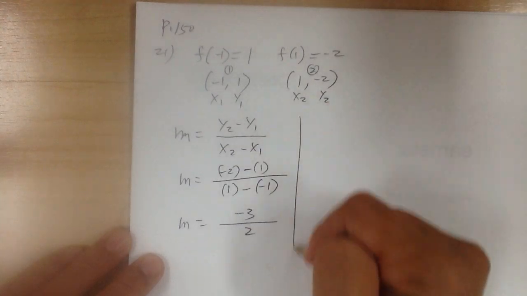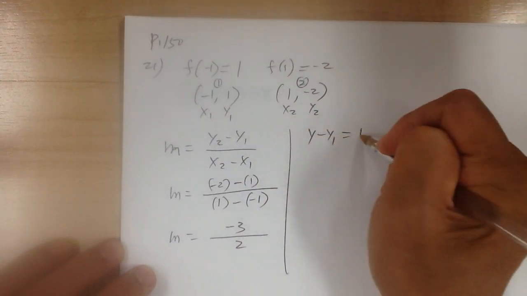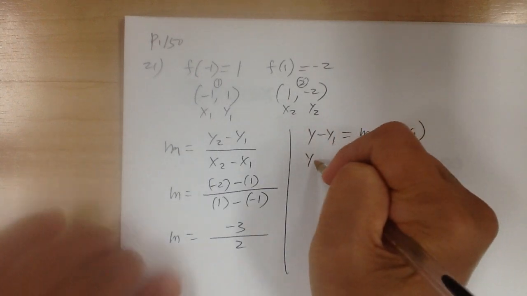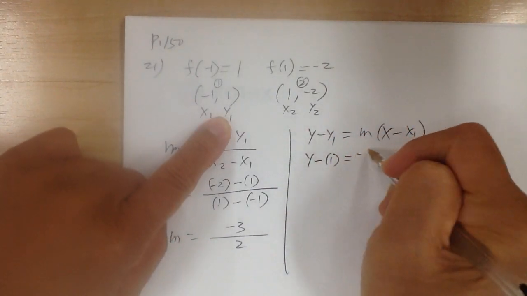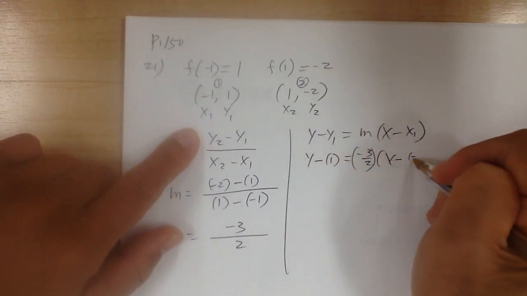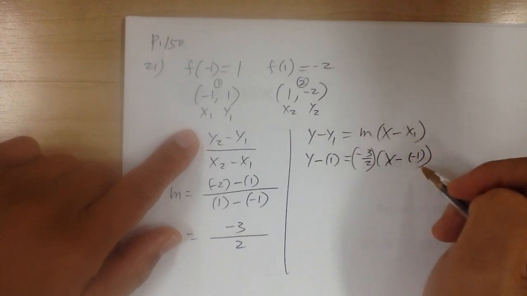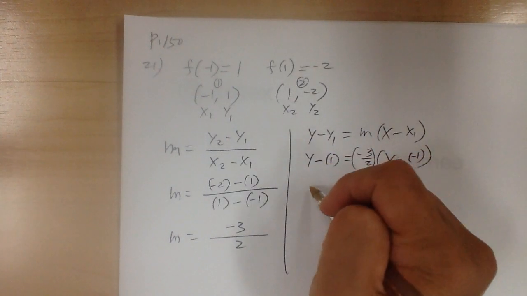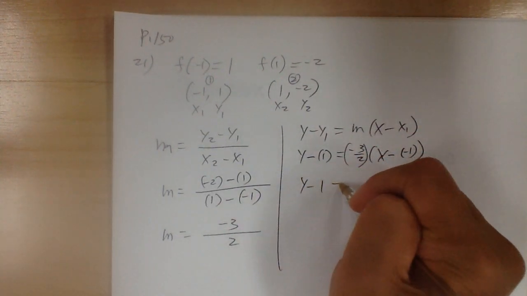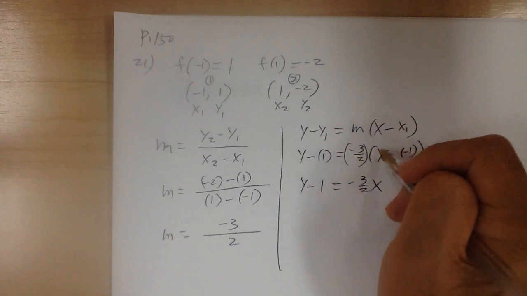Okay, once you got the slope, let's go and use the point slope form. y minus y1 equal to m times x minus x1. So you got y minus 1 equal to negative 3 over 2 times x minus negative 1. Okay, you can use parentheses to help you keep track of your negatives. So you have y minus 1 equal to negative 3 over 2x. I distribute.